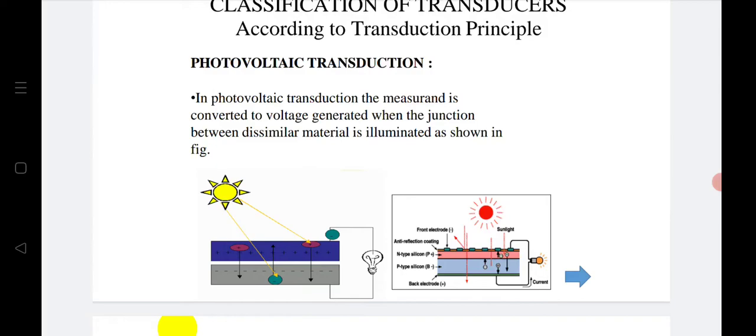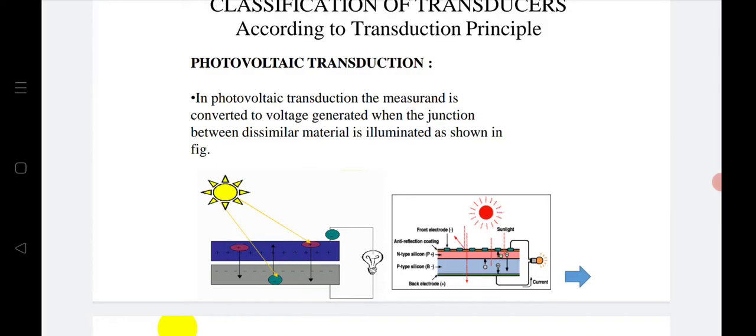Okay, whatever the physical quantity is there, that will be converted to the voltage generated between the junction of dissimilar materials when illuminated. Now, if you see in this example, you have two materials.